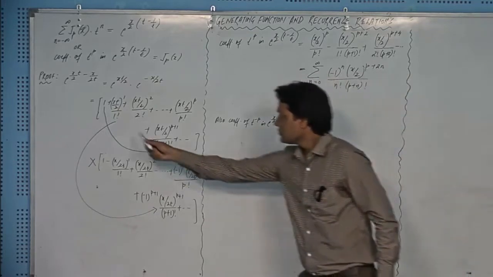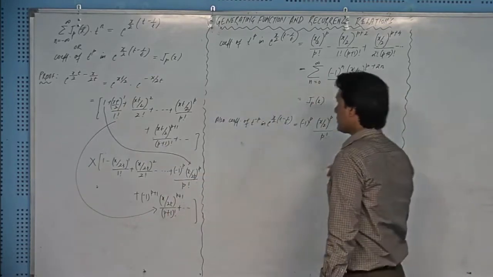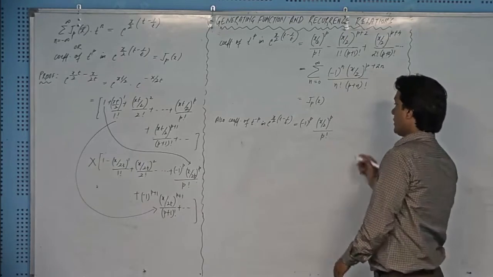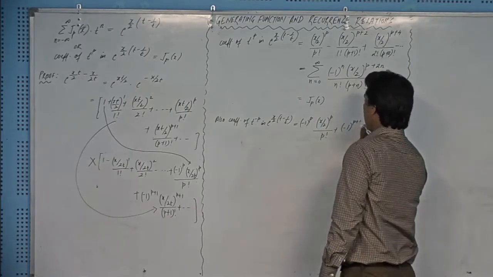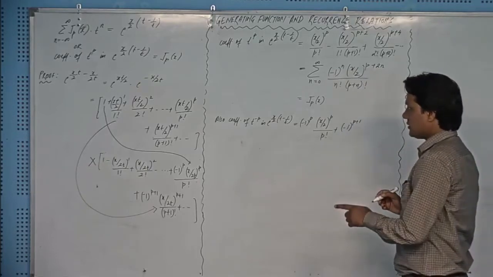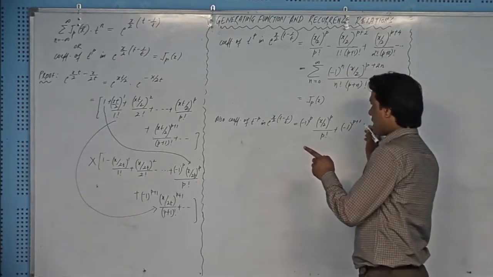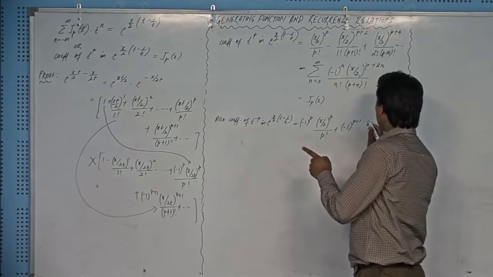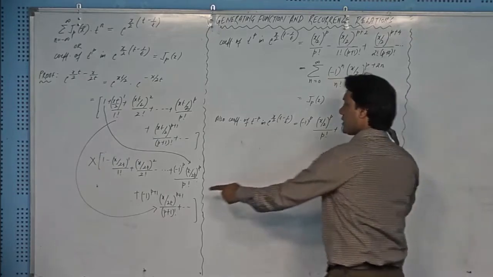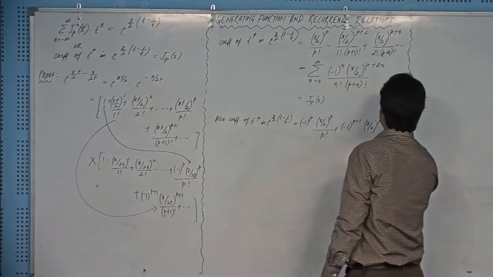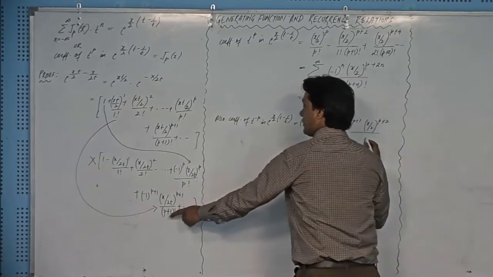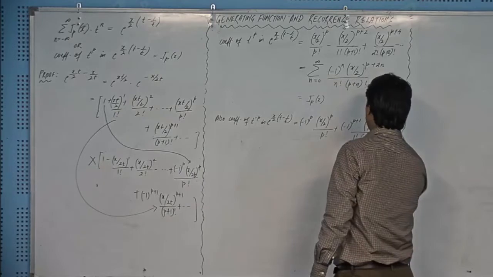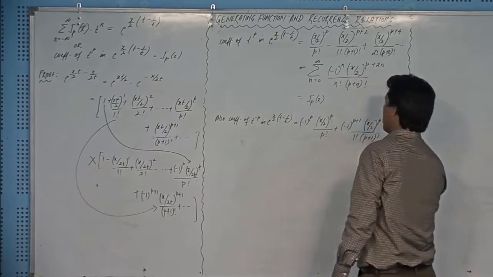And in the second term, this multiplied with this, you will get plus minus 1 to the power p plus 1 and (x/2) to the power p plus 1 is here, 1 is there, so p plus 2, divided by 1 factorial and (p plus 1) factorial, right?